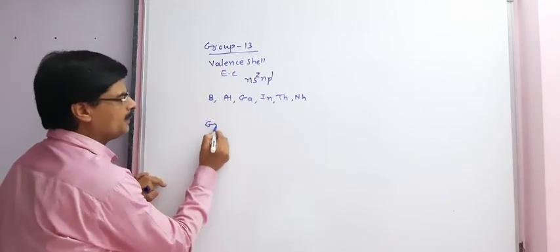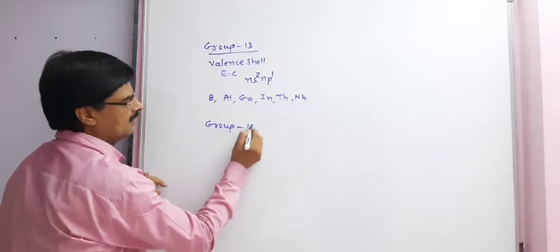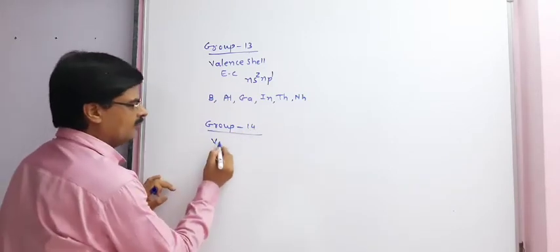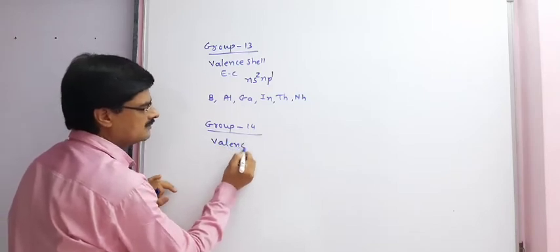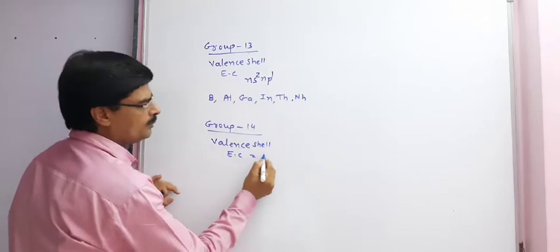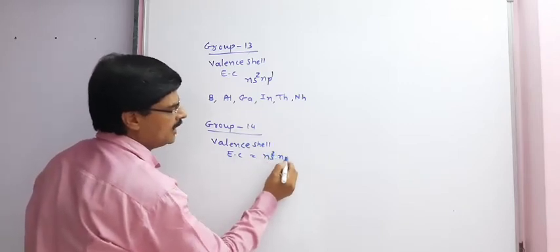Now group number 14. Elements present in group number 14 have valence shell electronic configuration ns2 np2.